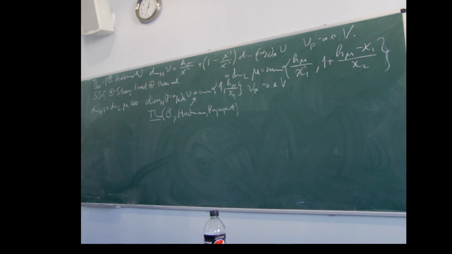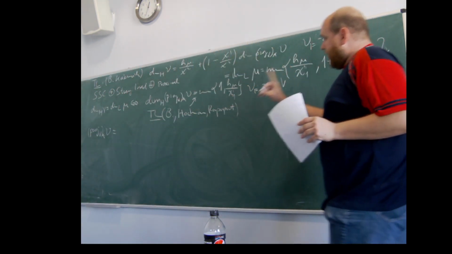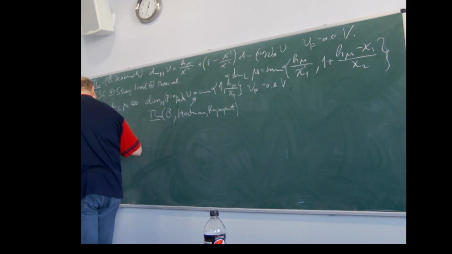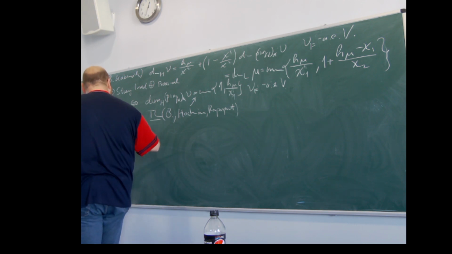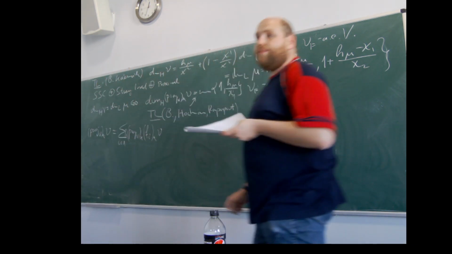One thing is that let us look at what this measure really looks like. Well, in this projection, we still have not used that mu is a self-affine measure, right?